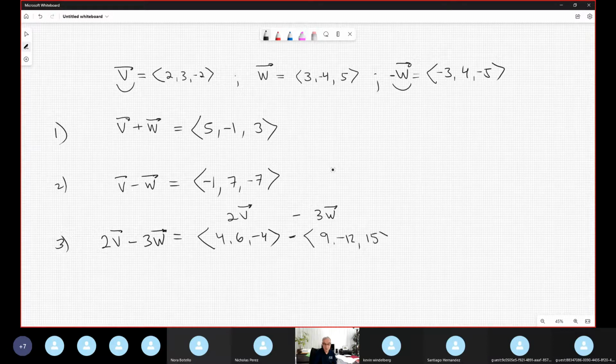Makes sense? So the only thing I did was multiplication by 2 of each component of the vector B, and multiplication by 3 of each component of the vector W. And finally, subtraction. 4 minus 9 is negative 5, 6 minus 12 is negative 6, comma, negative 4 minus 15 is negative 19. That's it.